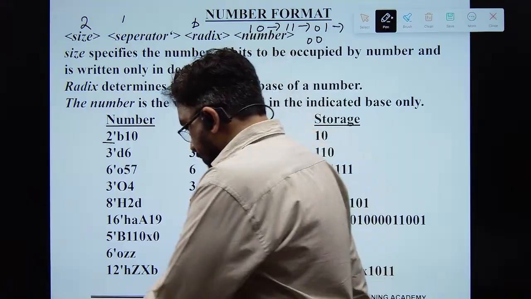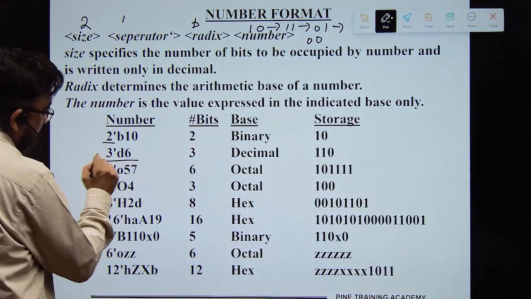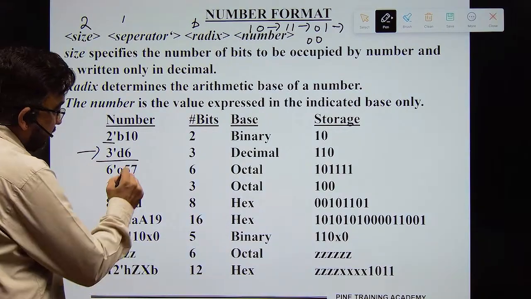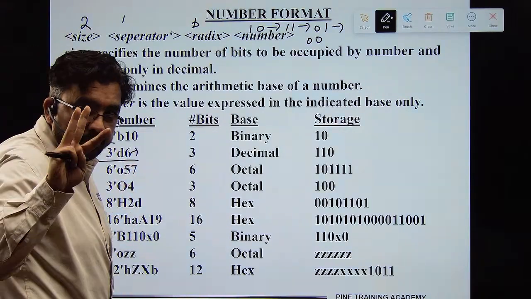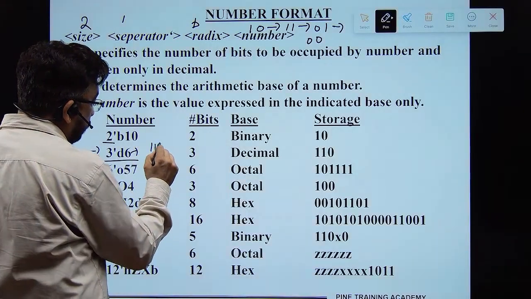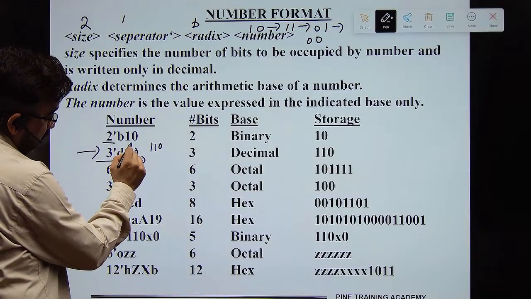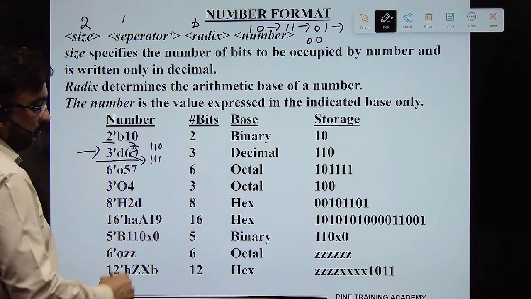Now just take this example: 3 tick d6. Here 6 I can represent in a minimum of 3 values, like 110. We can also take 7, that means 111.